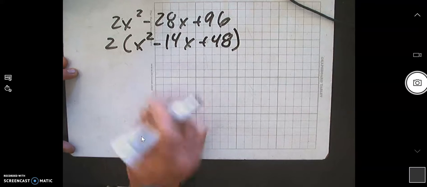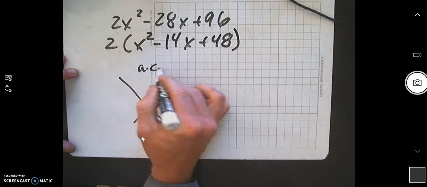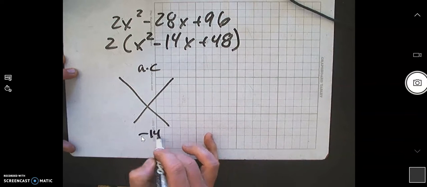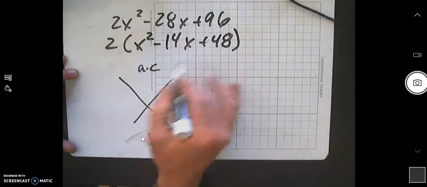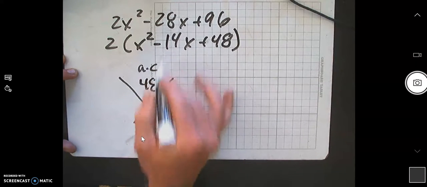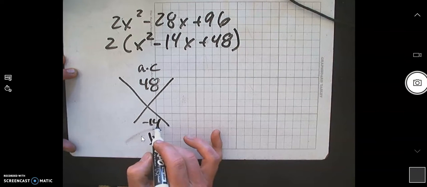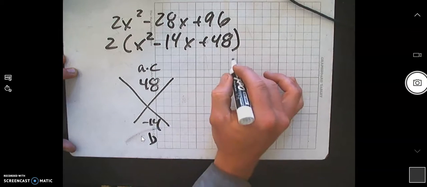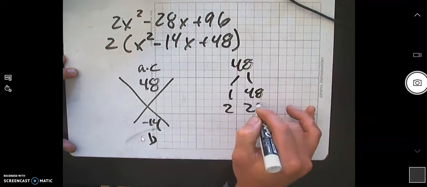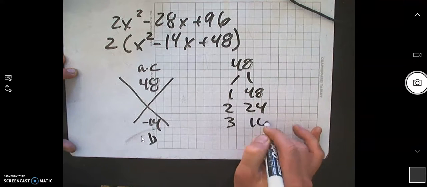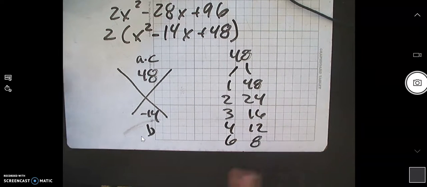And now we're going to factor this. We can go straight into the cross method. So a times c goes up here, and our b goes down here. A times c is 48, and then our b is -14. So what multiplies to 48 and adds to -14? Create a factor tree if you need to. 1 and 48, 2 and 24, 3 and 16, 4 and 12, 6 and 8.